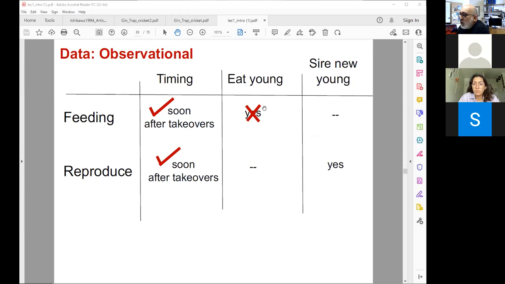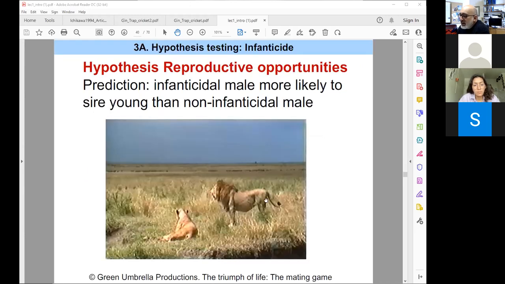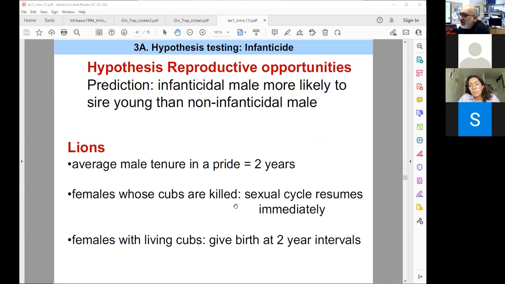And of course, we know, and I've already alluded to this, that males do not eat those cubs that they kill. And in fact, it's quite clear that the males are killing the cubs because that spurs the females to become receptive. And therefore, the males that have taken over the pride are able to sire their own cubs.